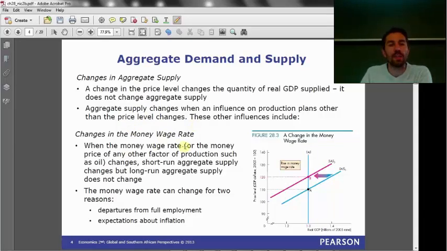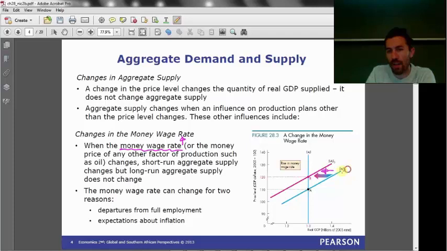When the money wage rate or the price of any of those other factors of production changes, but the one we're most interested in is the money wage rate. That's the one we're going to concentrate on the most. If the money wage rate goes up, you will have a change in the short run aggregate supply curve.